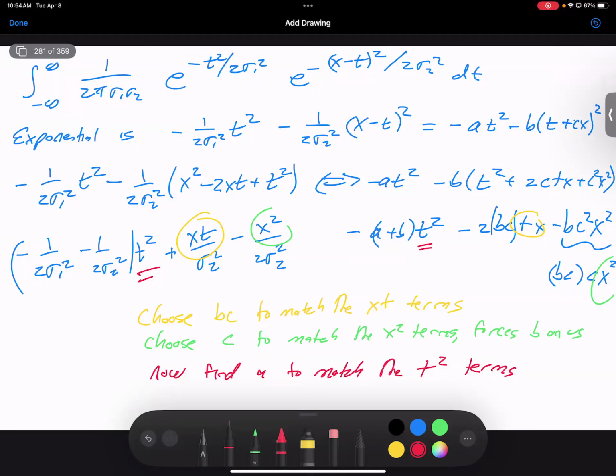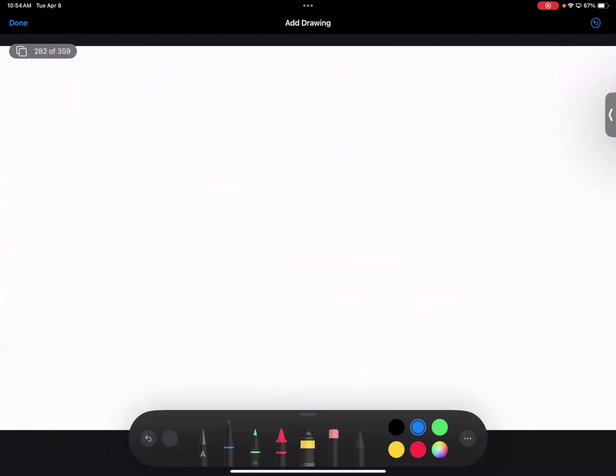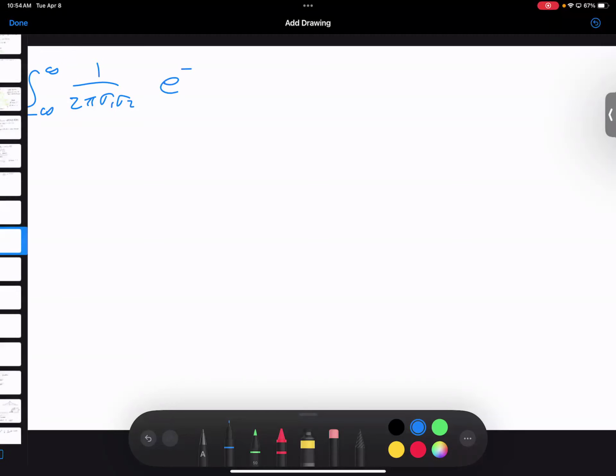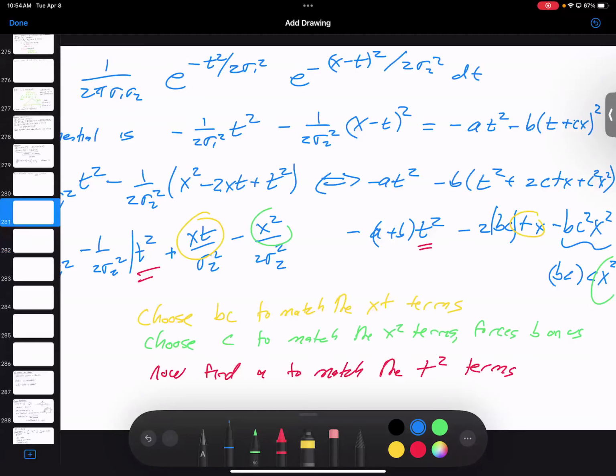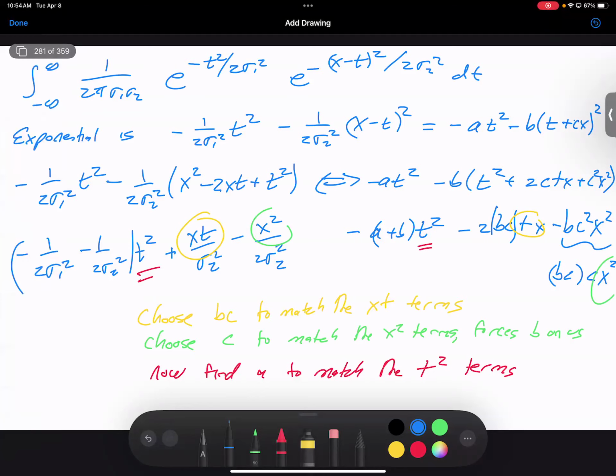Okay, so now that I have that decomposition, I can continue. And so I'm going to have the integral from minus infinity to infinity, 1 over 2 pi sigma 1 sigma 2 e to the negative, and then I think we said it's going to be minus, oh shoot. I did this the wrong way. I apologize.